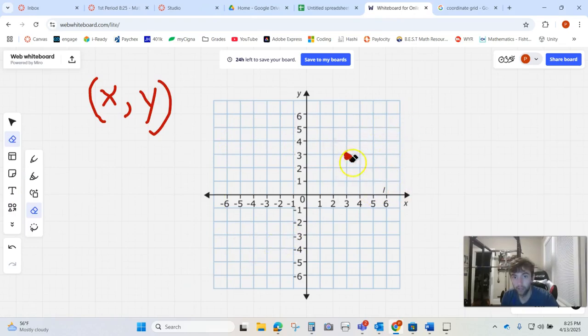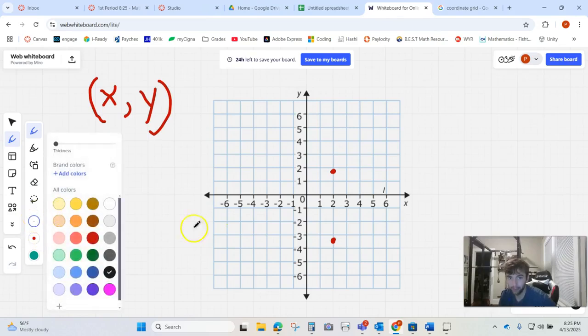What if instead of integers for our points, we have decimals. Uh-oh. Like this. How far apart are those?